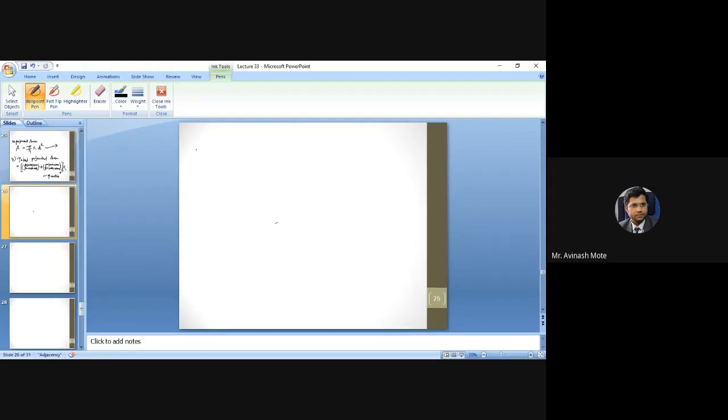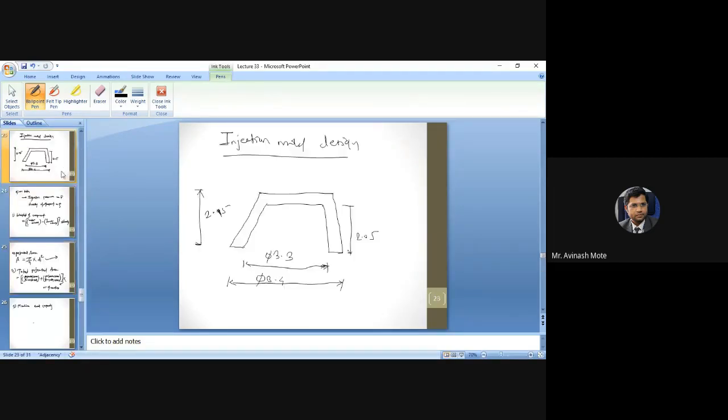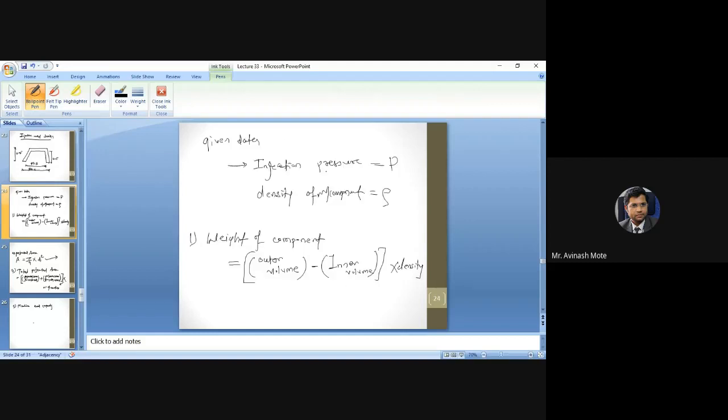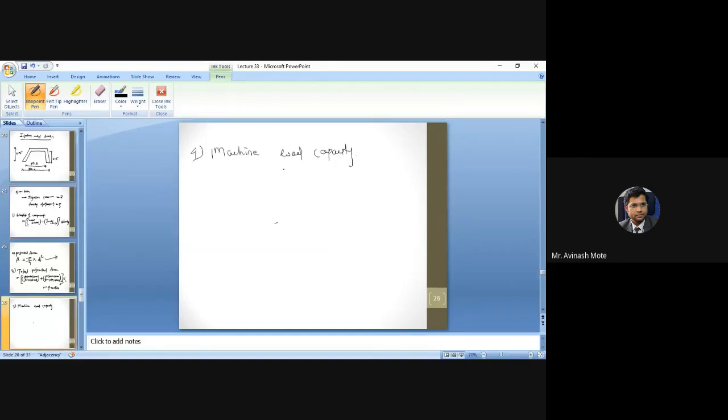Next one, machine load capacity. Injection pressure is already given, P, which is required here. So machine load capacity you will have to calculate.